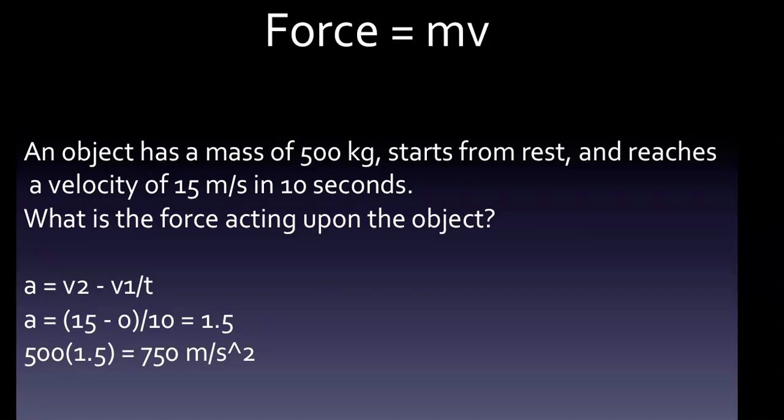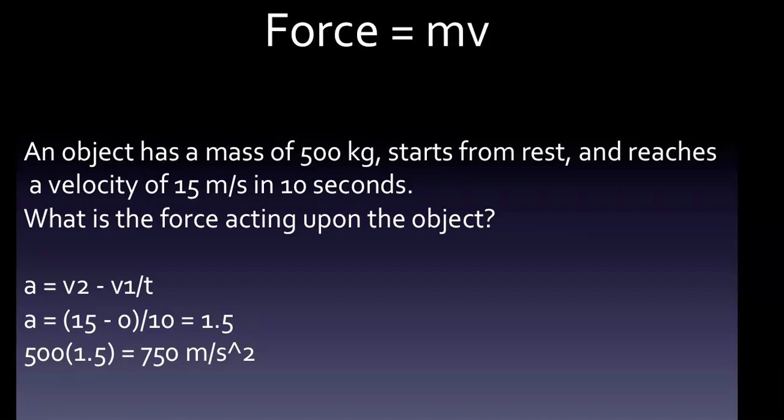So we see that we reached a velocity of 15 meters per second in 10 seconds. So that's the 15 that you see down there in the second line of our problem solving here. And we started at rest, right? So that's 0. So that's why we did 15 minus 0. We just divide it by 10 because it took 10 seconds. And then we get an answer of 1.5.